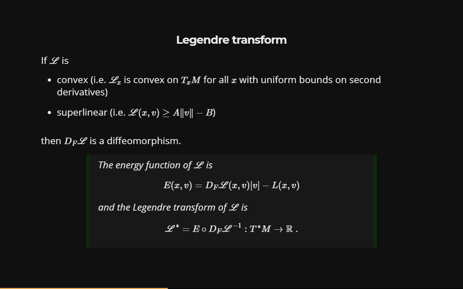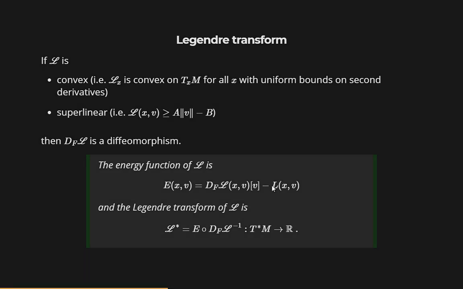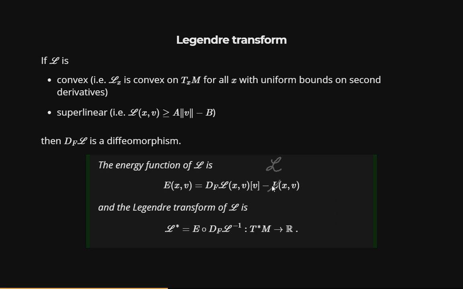minus L. Well, this L should be again L. Minus L. Now, the Legendre transform is L star. We will be briefly using star, because we have too many star things in this lecture, but the usual symbol is the star also for the Legendre transform.